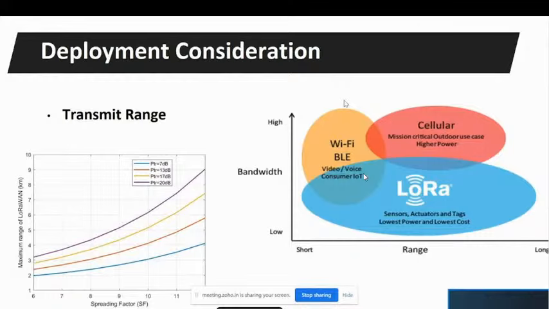LoRaWAN can easily cover up to 10 kilometers, depending on the data rate we want and the network we are using. So here is a comparison that we already saw in Kaushal sir's explanation. He explained how LoRaWAN bridges the gap between low bandwidth and long range, and also low power and long range.